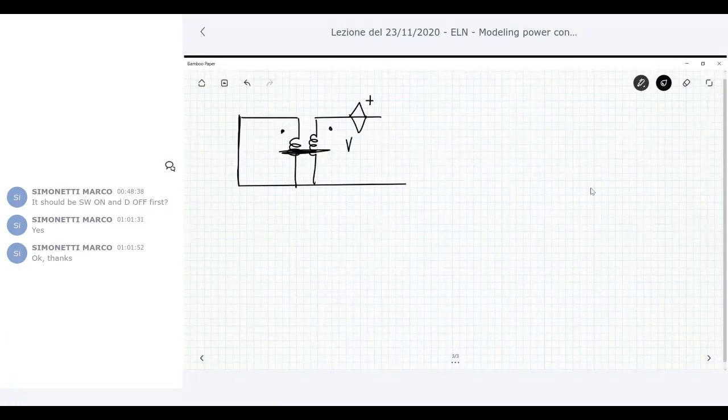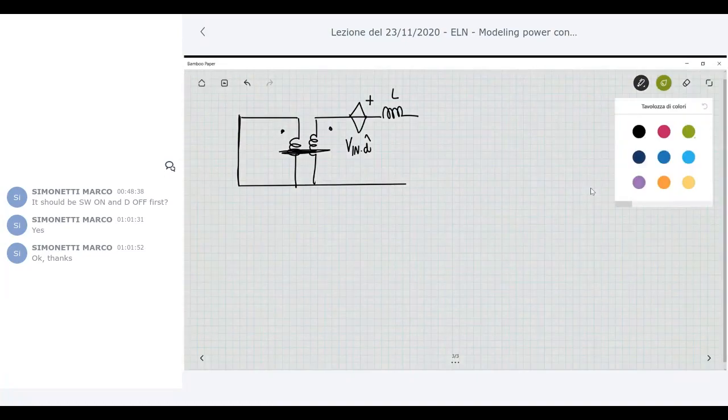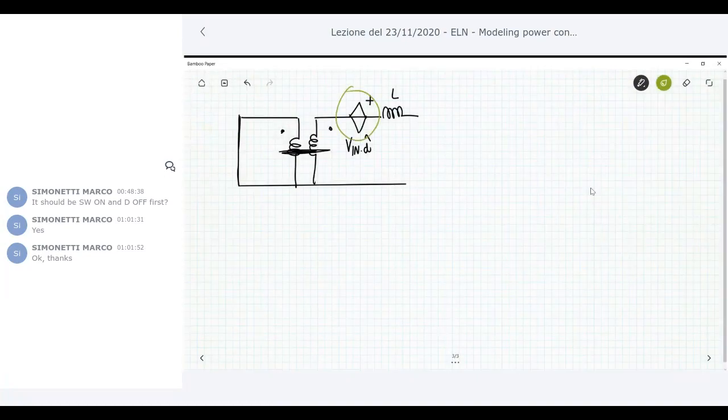Pay attention, sometimes I use this symbol here for the dependent current and voltage source. Sometimes I use the previous one, which is something like this. This is for the current source, this is for the voltage source. Other way, for example, this is another possibility.